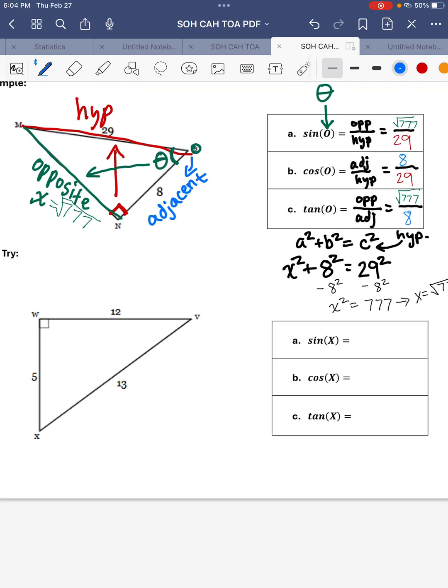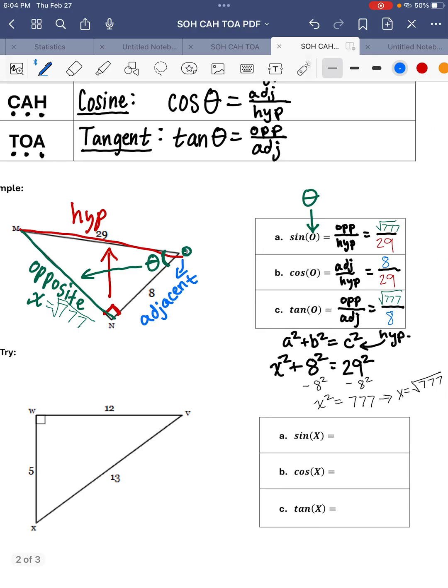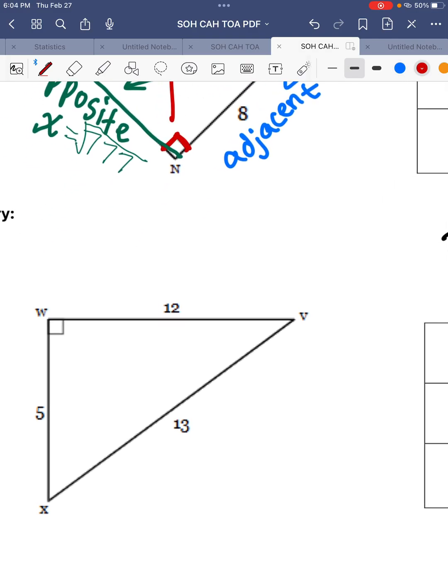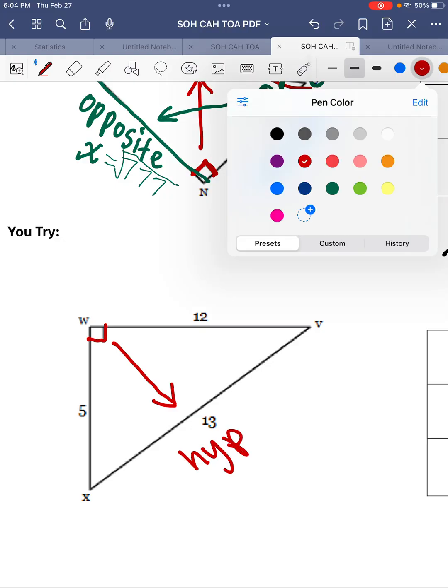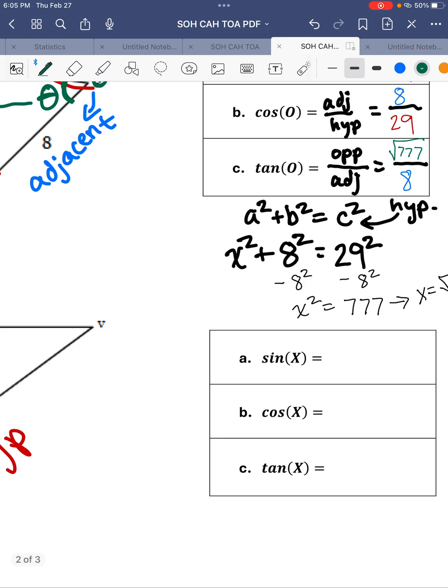Okay, almost done. One more example I want you to try on your own. Pause, and then hit play once you've tried it on your own. Okay, first I'm going to label my triangle. When I'm deciding which angle should be the theta, I look over to my problem.